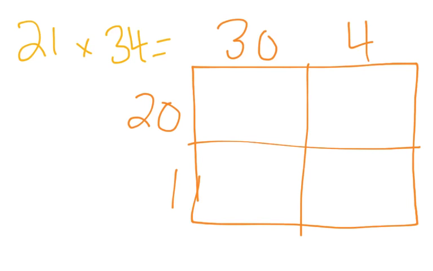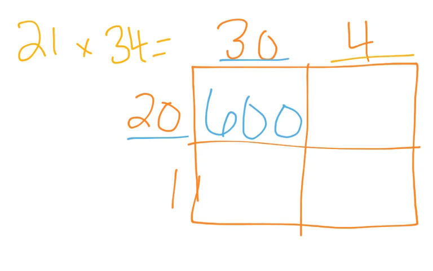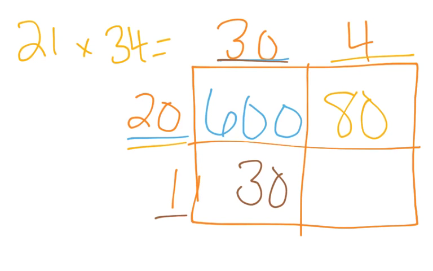So we're going to do 30 times 20, or 3 times 2 is going to be 6, and I have my 2 zeros left over. Then we're going to do my 4 times 20, which is going to get me to 80. Then we're going to do 30 times 1, which is going to be 30. And 4 times 1, which is going to be 4.